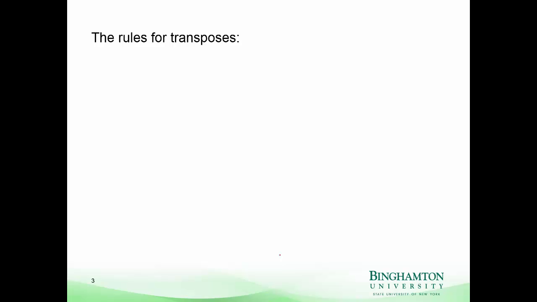So, some rules for transposes, just like we had some rules for inverses. Now, we did not have a rule for the inverse of the sum of two matrices, but we do have a rule for the transpose, and I think it's pretty easy that you can imagine that this does hold. The transpose of the sum is the sum of the individual transposes.